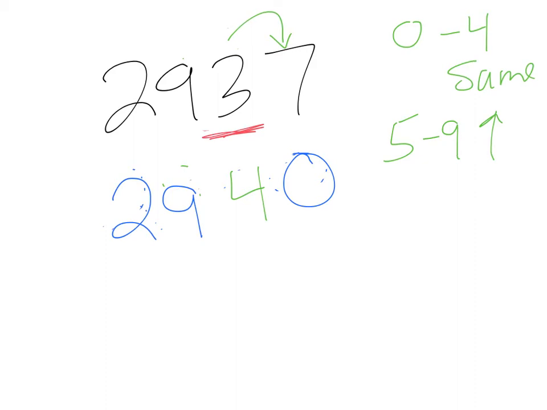Now, we do have one exception in rounding, and that's when a 9 needs to go up. So let's take a look at the exact same number, but instead of 2,937, let's say it's 2,967. Slightly different rules, and only slightly. If I said to round this to the nearest 100, our 9 is in the hundreds place.